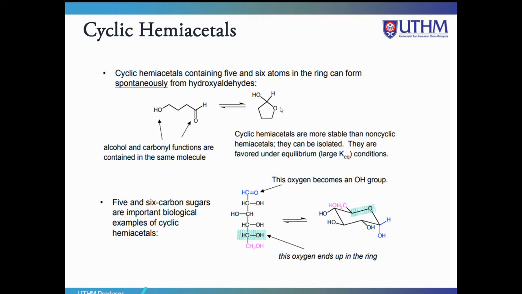Cyclic hemiacetals are more stable than non-cyclic hemiacetals, and they are favored under equilibrium due to a large equilibrium constant. 5 and 6 carbon sugars are important biological examples of cyclic hemiacetals. This oxygen here will become an OH group while this oxygen ends up in the ring.